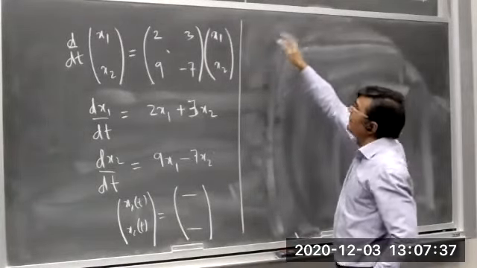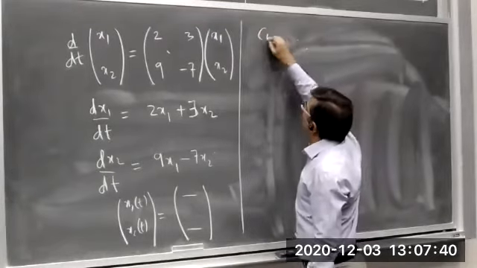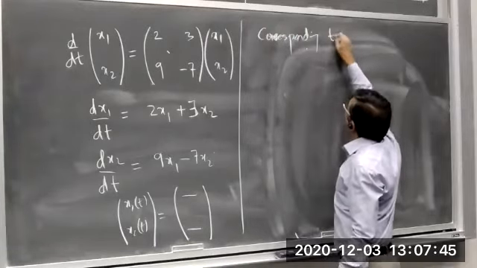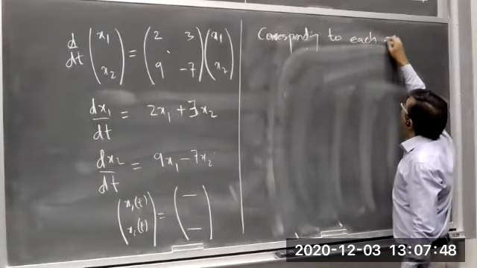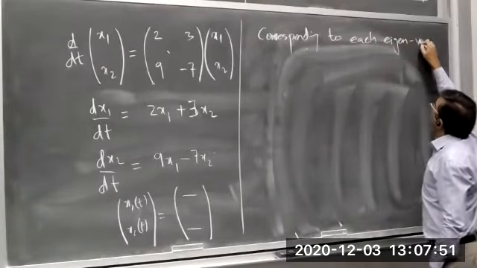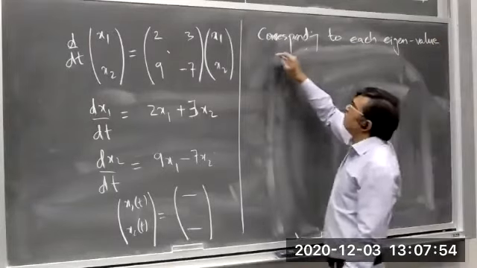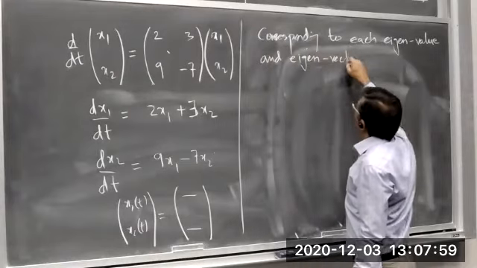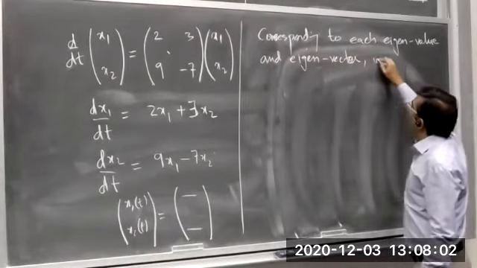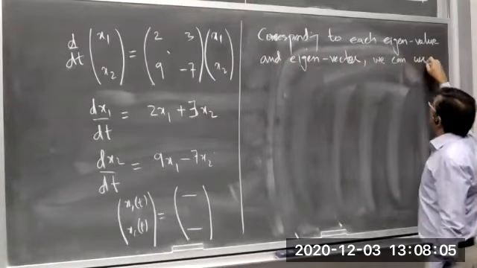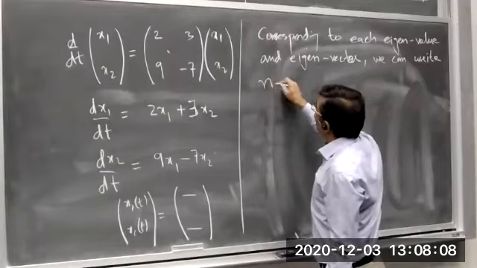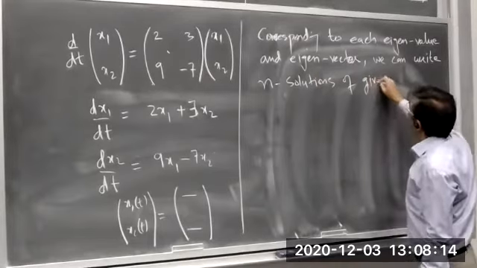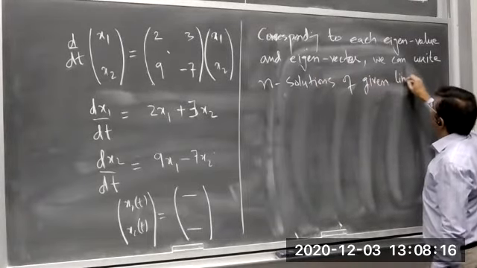What was our solution? Corresponding to each eigenvalue and eigenvector, we can write n solutions of the given linear system.